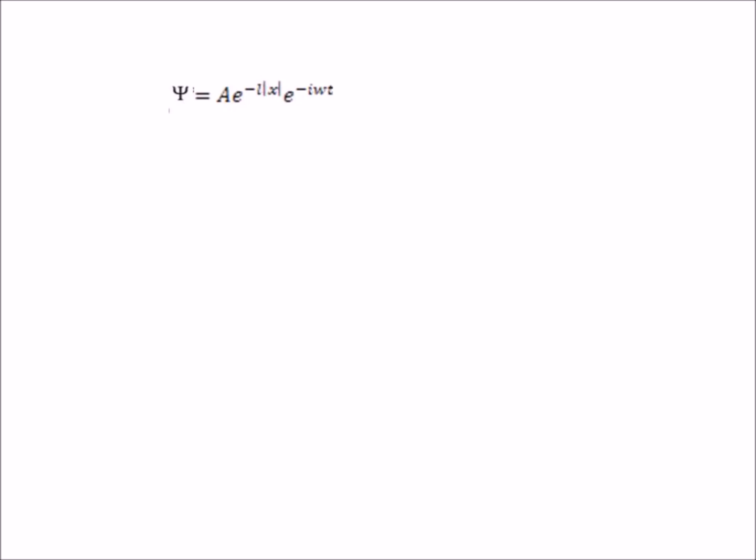The complex conjugate of psi can be obtained by replacing minus i with plus i. So this is psi star, that is the complex conjugate. We know the condition for normalization is integration of psi star psi dx equals 1.